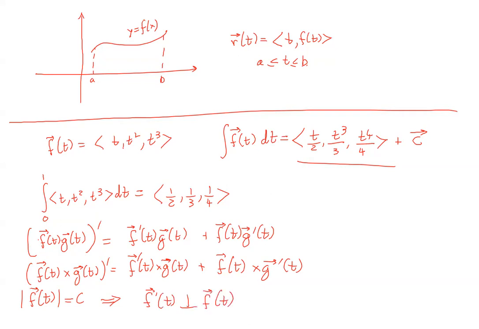Let's actually try to justify this. It's kind of interesting, and it's a nice review of some of the concepts that we have seen so far. So if we know that the magnitude of a vector valued function is constant, then that means that the square will be constant. Yes, but the square of the magnitude is what? It's the dot square.